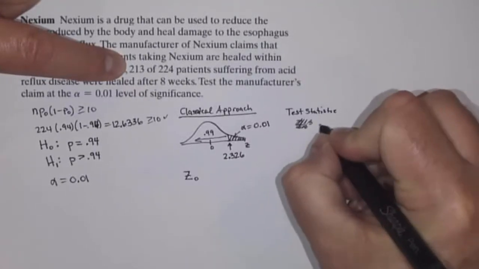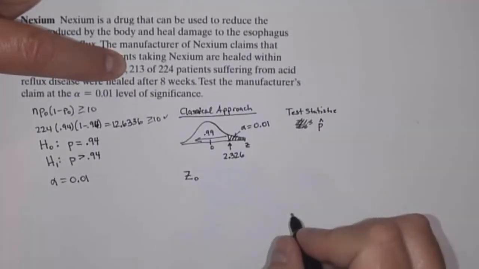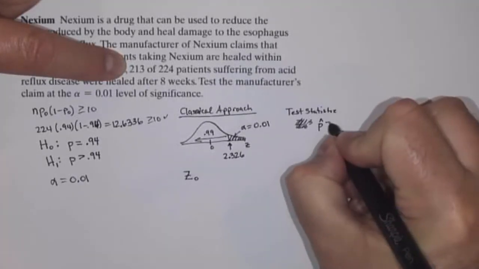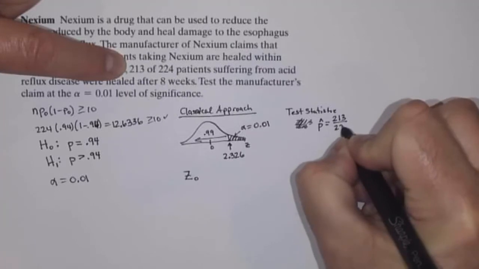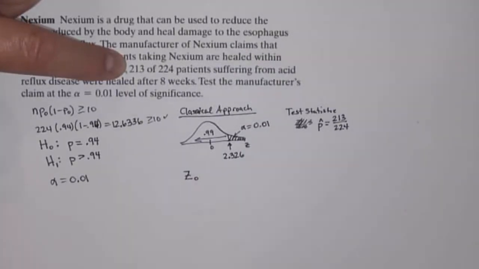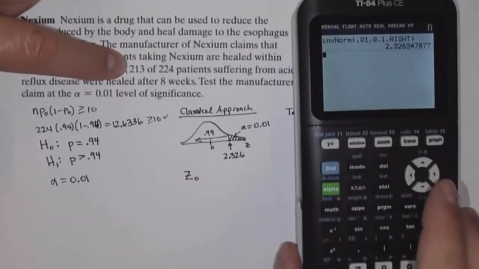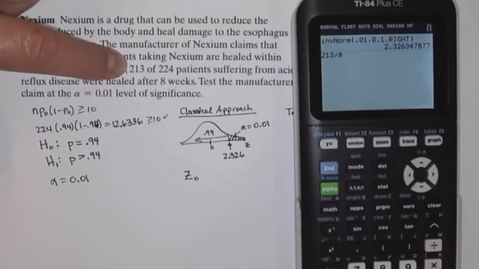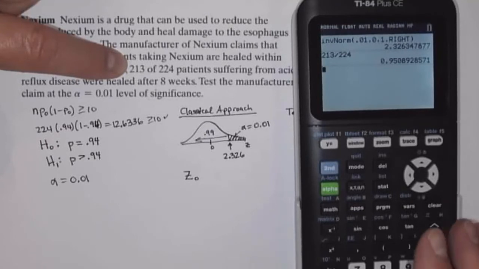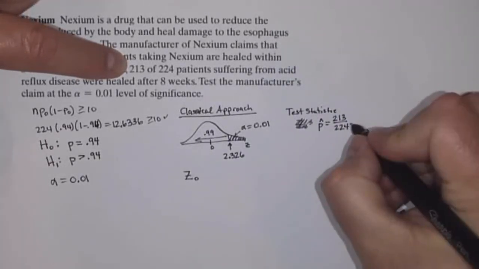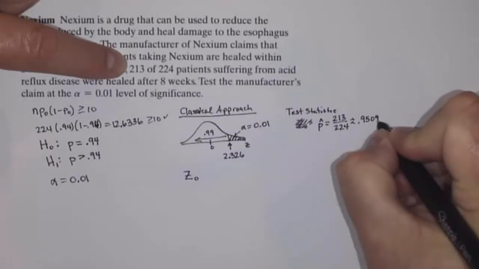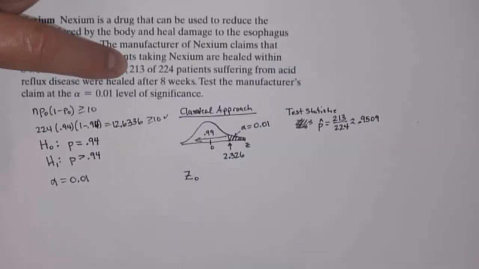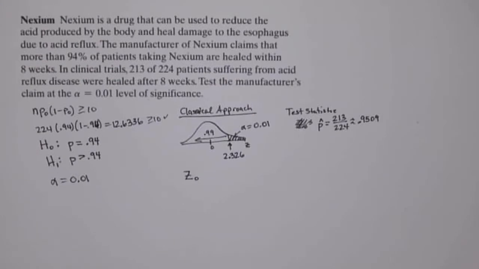So p hat is going to equal 213 out of 224. Well, if I bring back in my calculator, 213 divided by 224, that is 0.9509 if I round to 4 places. I'm carrying that out several places because I don't want rounding to be an issue.